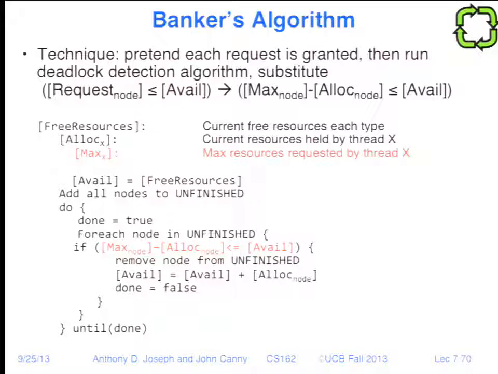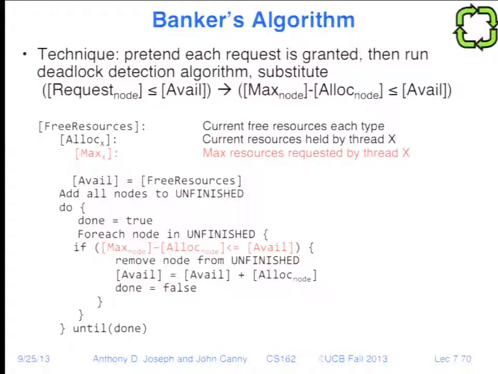Again, we go through each node that's not finished in the resource allocation graph and make sure that the maximum request of that node, because we don't know what it's actually going to request, minus the current allocation is less than the available resources.